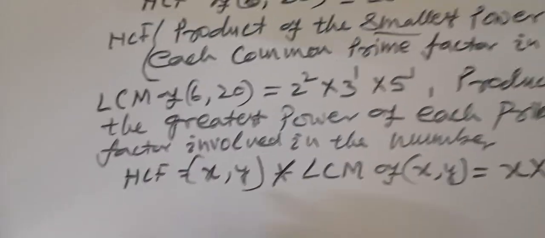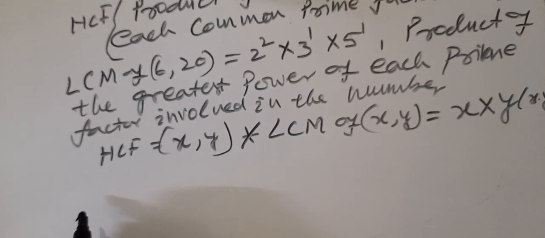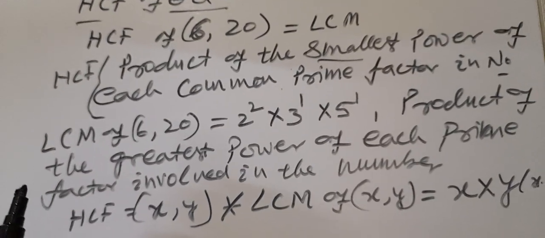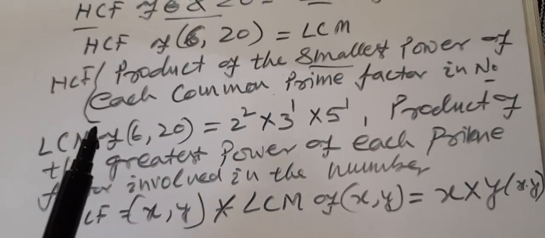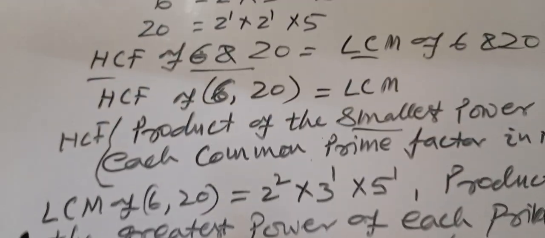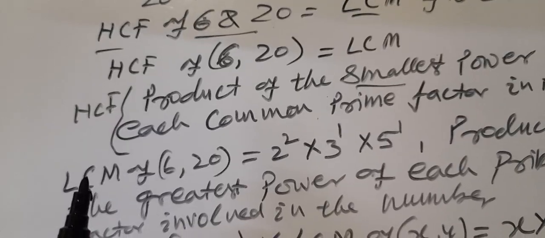Let us see another example. In the prime factorization, the product of the smallest power of each common prime factor is the HCF of 6 and 20, which is 2 to the power 1.